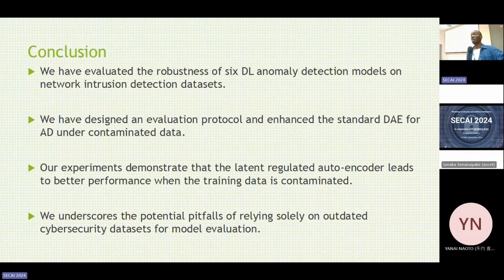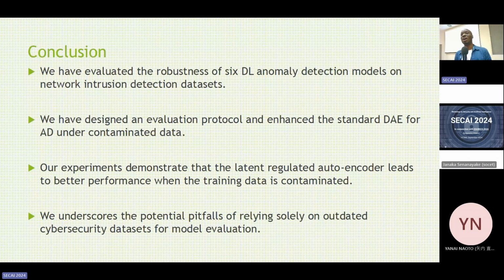As I said, we have no guarantee of clean training data sets when doing anomaly detection or network anomaly detection. In the real world, we can still have anomalous data in the training set, and it's important to pay attention to that when developing new models.